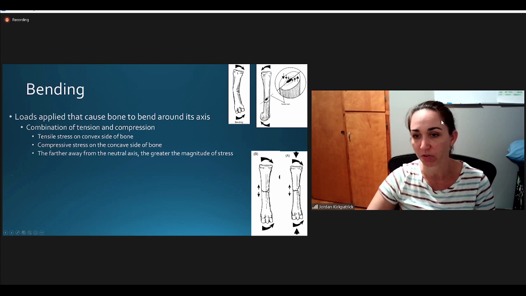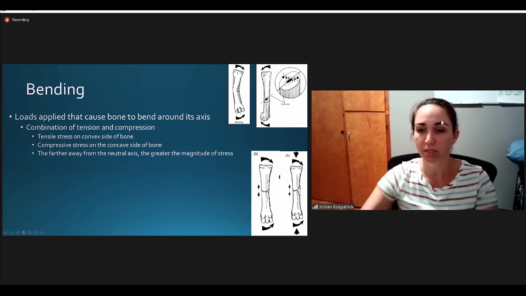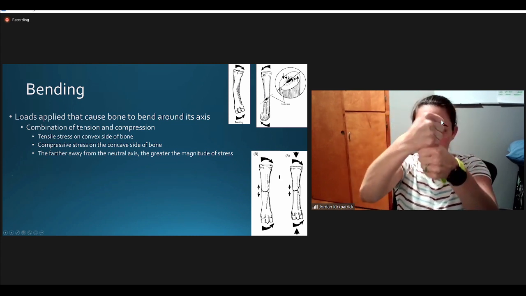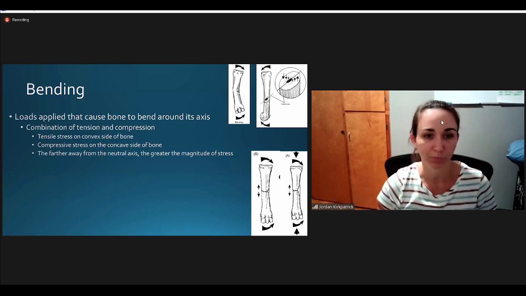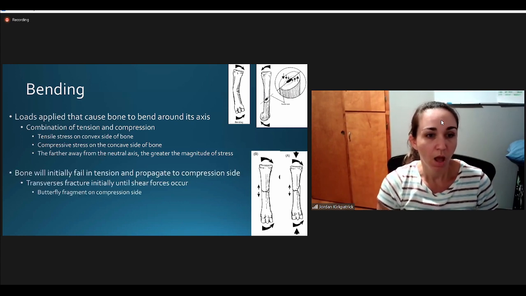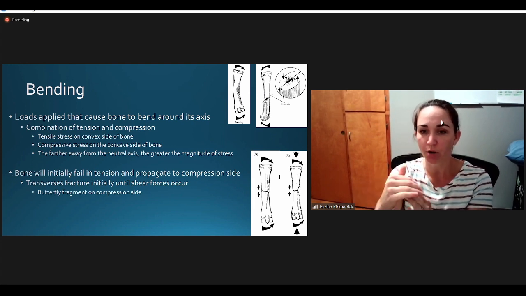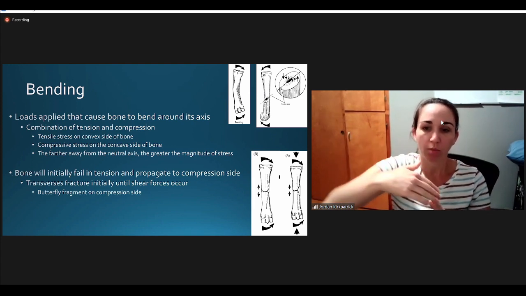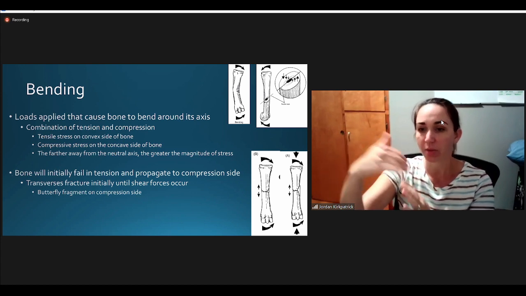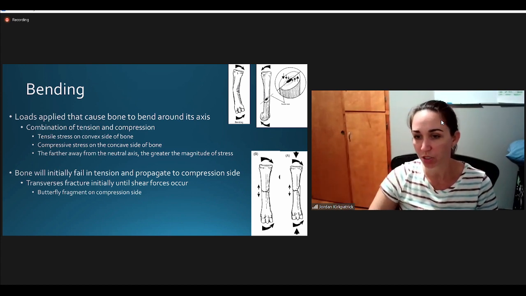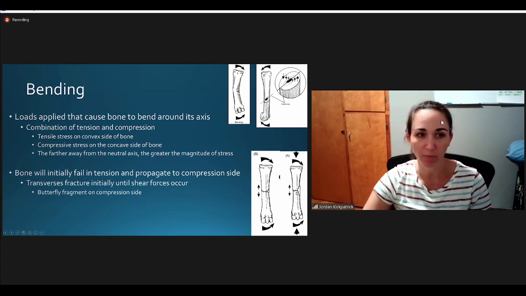So it starts off transverse and then becomes oblique because, again, the compression just comes together and eventually just does this. And as I said, the bone will initially fail in tension, and then as it gets to the compression side, other forces come into play, and we get a partially transverse, and then it becomes oblique fracture lines to get that butterfly fragment.